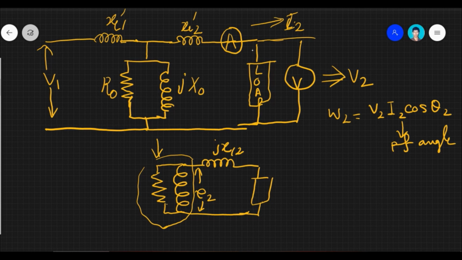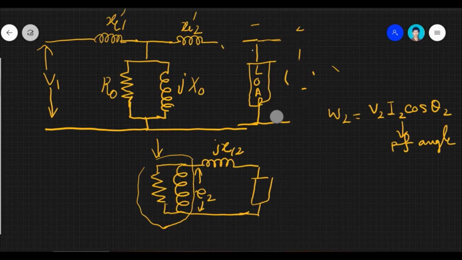I should not draw it in this way, because this will be a bit misleading. Why misleading? Because whatever you get by this referred circuit is V2 dash here, and the current will be I2 dash.